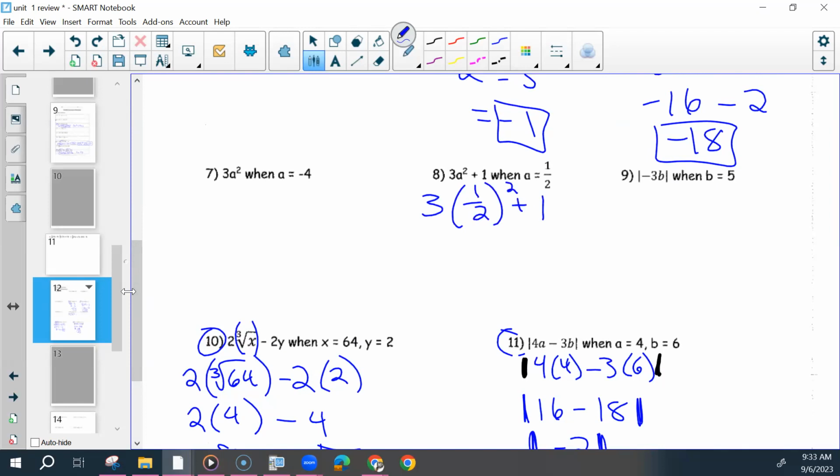So 3 times 1/2 squared plus 1. What would we do first? That's 1. This would become 1/4. You're multiplying 1/2 times 1/2, not doubling it. And then multiply 3 times 1/4.